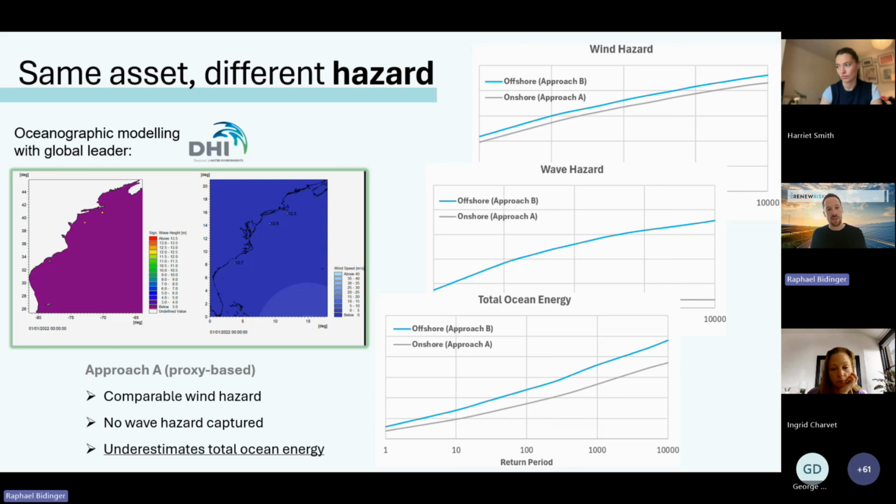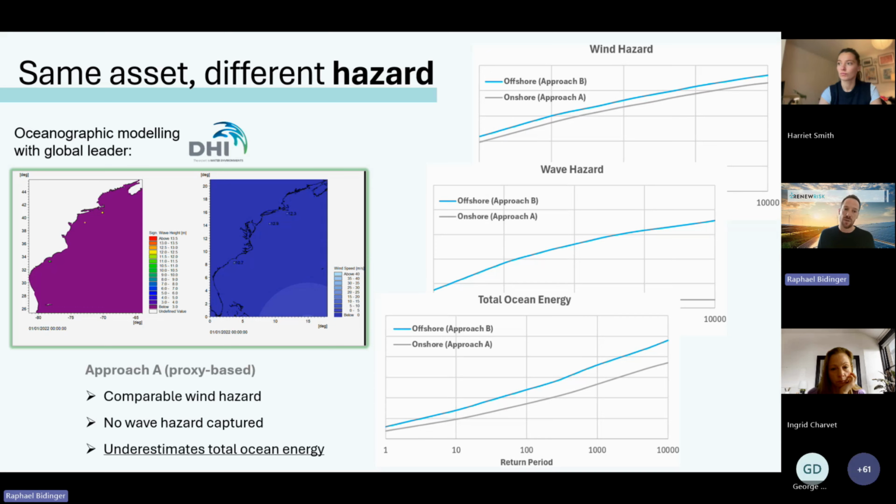So using DHI's in-house wave models, they can simulate how a wind field translates into wave conditions, capturing both the significant wave height and also the wave period. And with that information, we can then derive consistent statistical relationships between wind and wave behavior across the whole model domain.